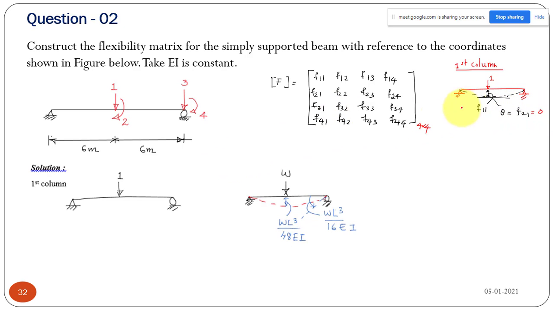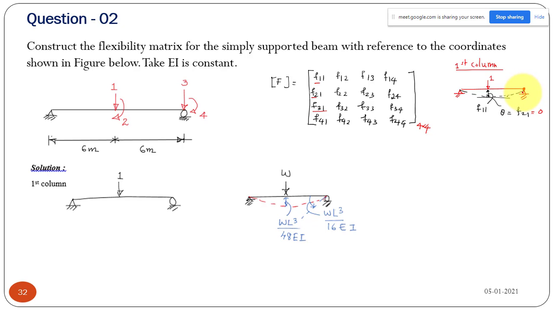Okay, and in this case, next you can find what is the deflection at this point. Deflection at that point, which element? I got these two elements. F14. F41. Deflection at this point, that means displacement at 3 due to force at 1. That is F31. And the next we can find what is the rotation at this point.